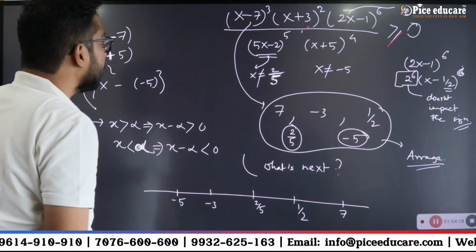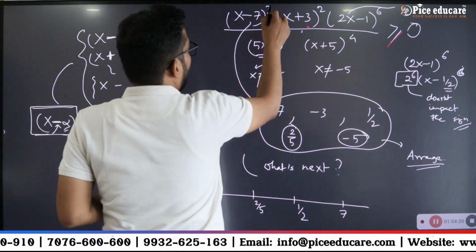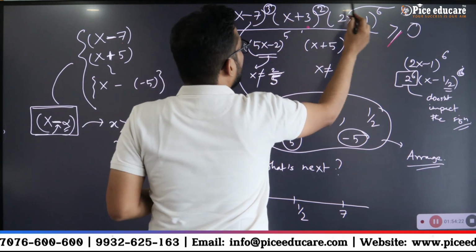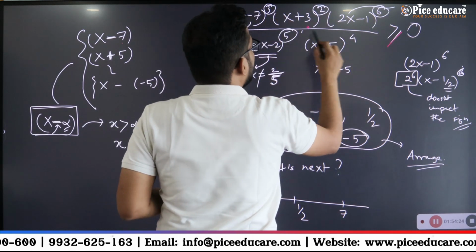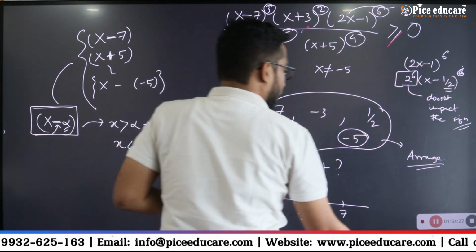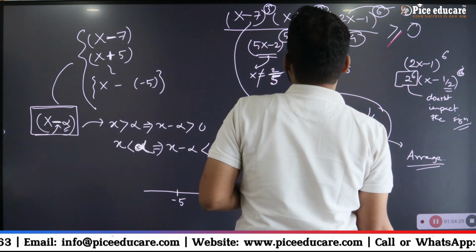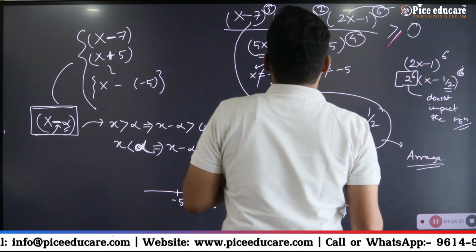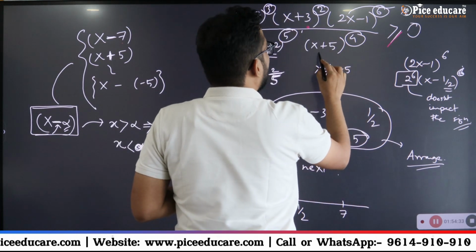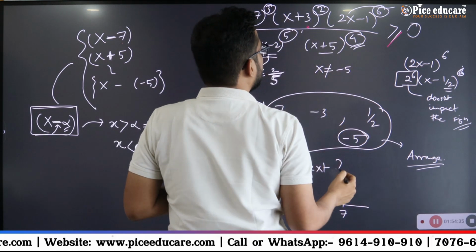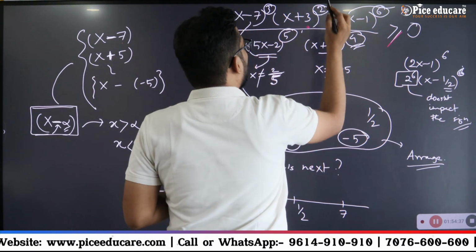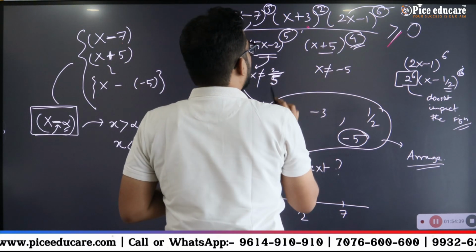Now I have to look at the powers: 3, 2, 6, 5, 4. So the smallest is minus 5, so 4 comes first. Then 2, then 5.